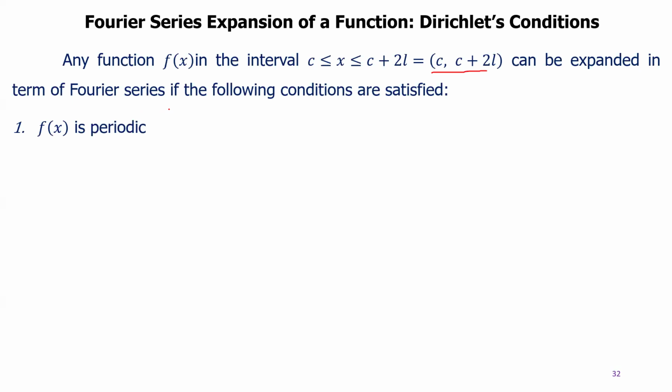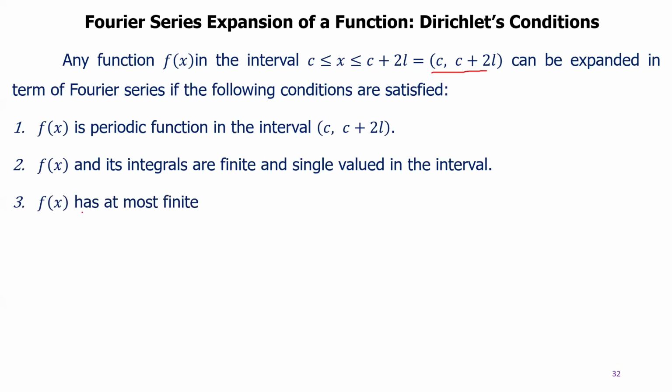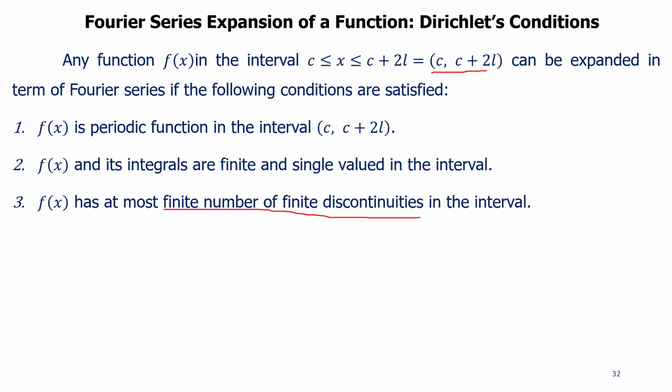The first condition is f(x) is a periodic function in the given interval c to c + 2l. Second condition, f(x) and its integral are finite and single valued in the given interval. Third condition, f(x) has at most a finite number of finite discontinuities in the given interval.